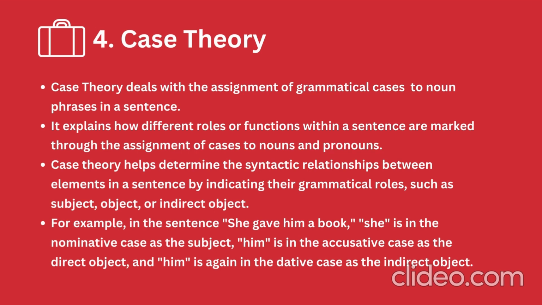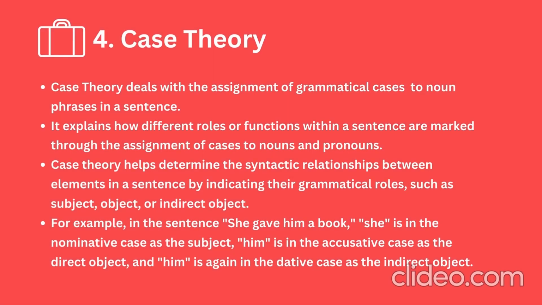For example, in the sentence, she gave him a book. She is doing the giving, so she is the subject, and him is the object because he is getting that book. You can also say that him is like an indirect object. So that's what about case theory.